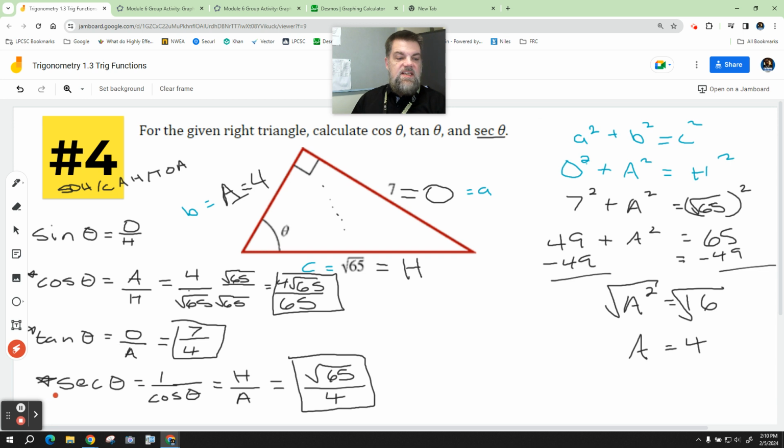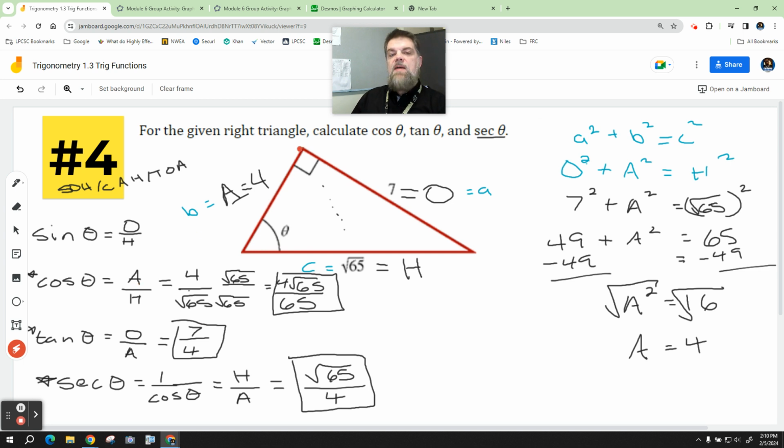And then because secant is the reciprocal of cosine, I'm just going to flip that. Instead of A over H, I'm going to say H over A. So then I have this, I needed to solve for this. So now I just plug those numbers in. What's the value of the adjacent?